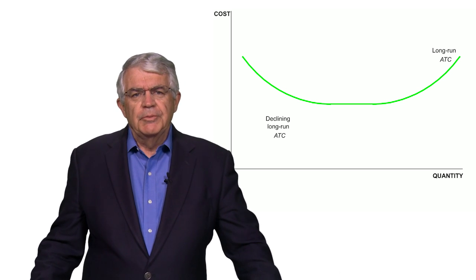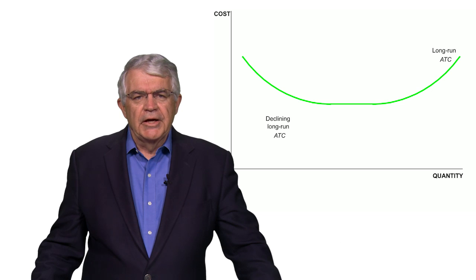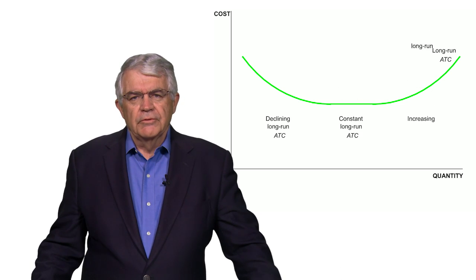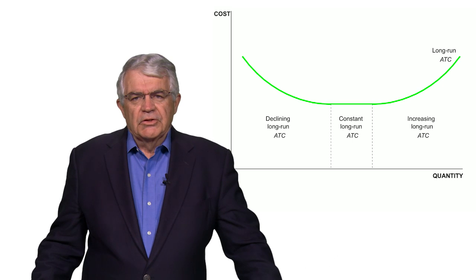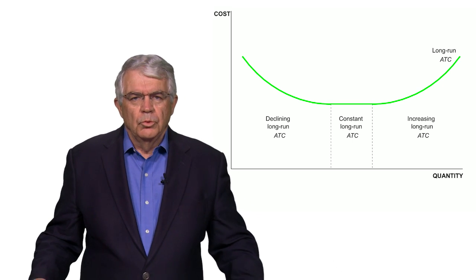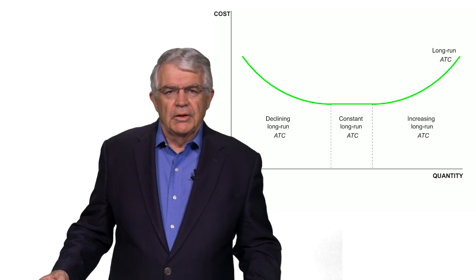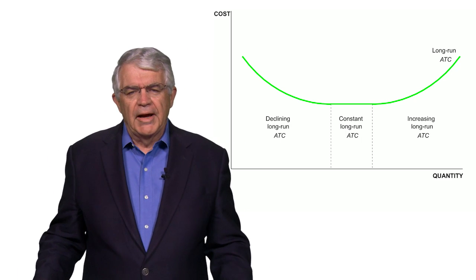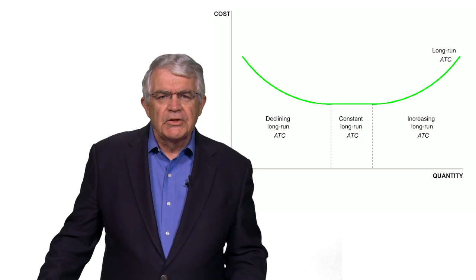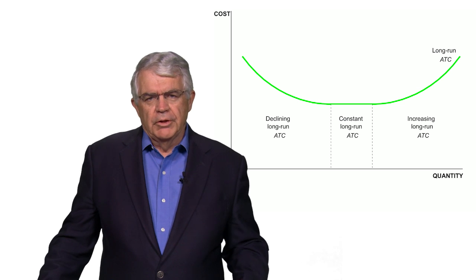And so this is the typical long-run average total cost curve, where you get a section where there's declining long-run average total costs, a section which is constant long-run average total costs, and a section which is increasing long-run average total costs.